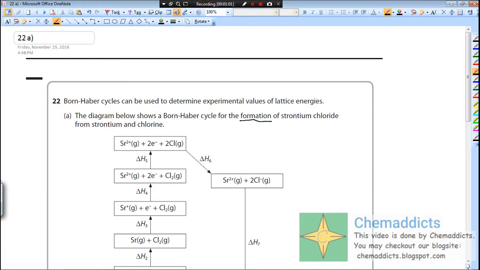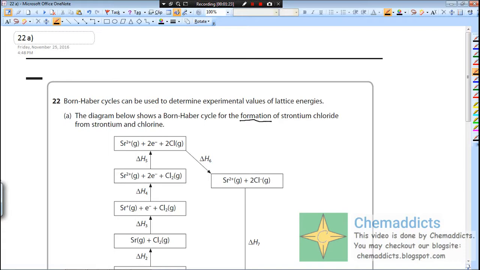So here the Born-Haber cycle is given for the reaction between strontium and chlorine.